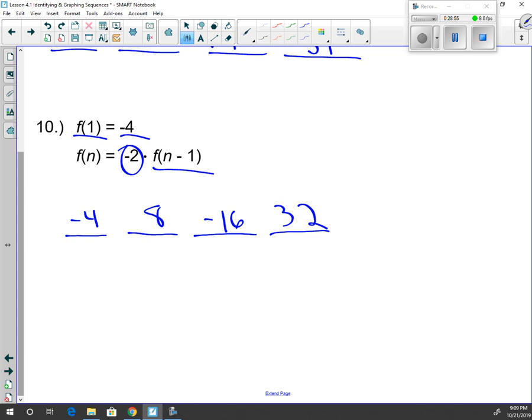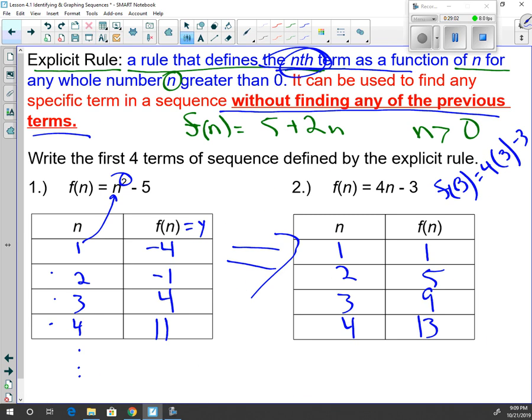All right, so those are the bare bones things about explicit and recursive rules. So to go back, remember the explicit rule only has one part, right? So if you're ever identifying, is this explicit, is this recursive? The explicit rule only has one part, and it allows us to go to any term we want to, but it doesn't allow us to build the function very easily.